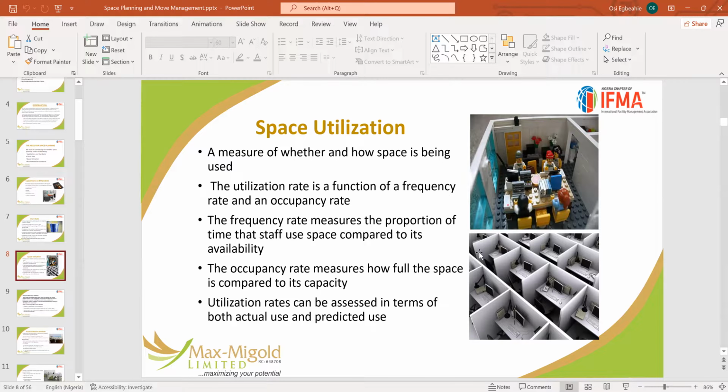It probably doesn't make sense to have 50 workstations that are just dormant most of the time. So it's very important for you to understand and know exactly how that space is being utilized and how it is being managed. Your occupancy measures how full the space is compared to its capacity.